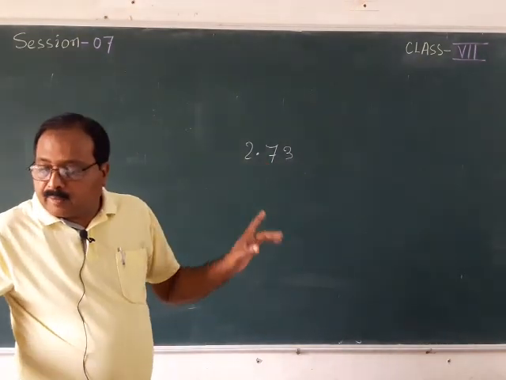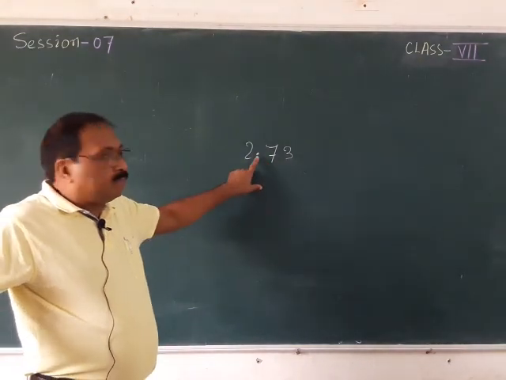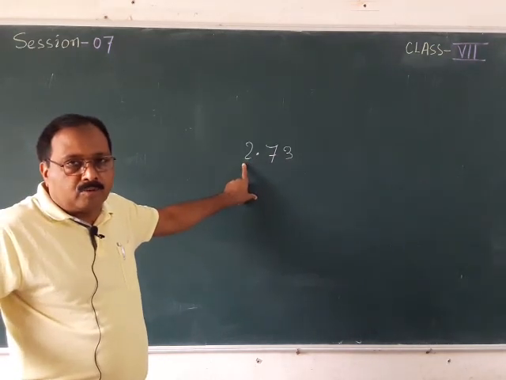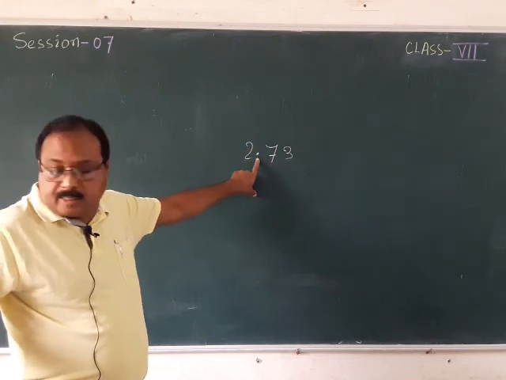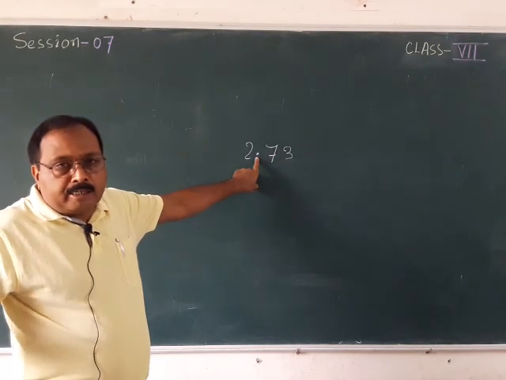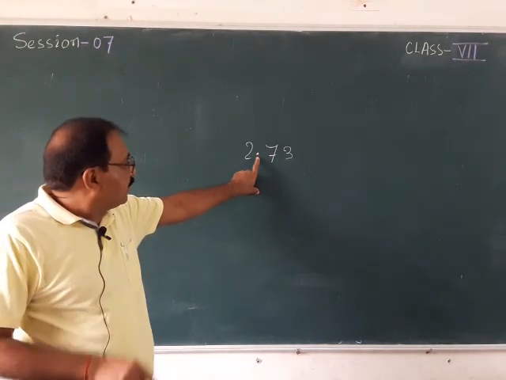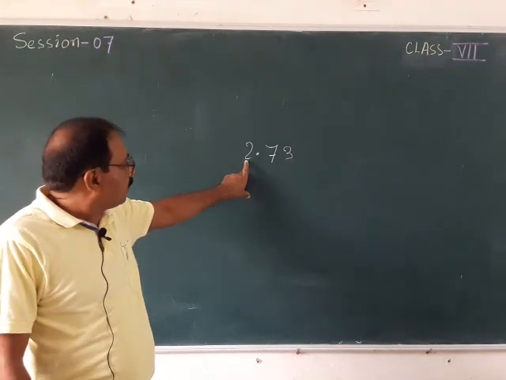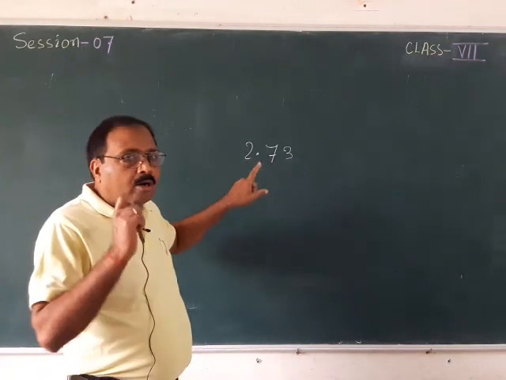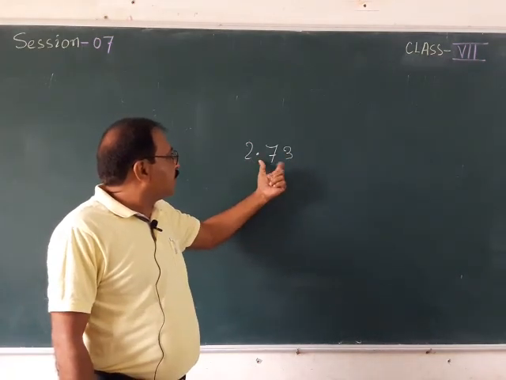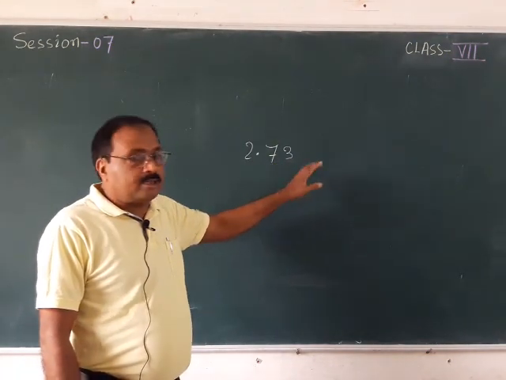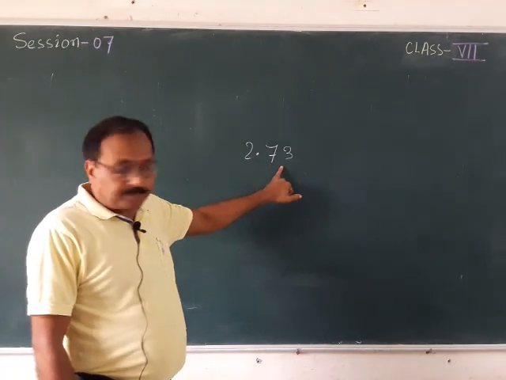The first part is the whole number: whatever you write before the decimal is called the whole number. The second part is the point: whatever point you write here is known as the decimal point. Then the third part is the decimal part: after the decimal point, whatever you write there. I have written 2.73, so this is the decimal part.